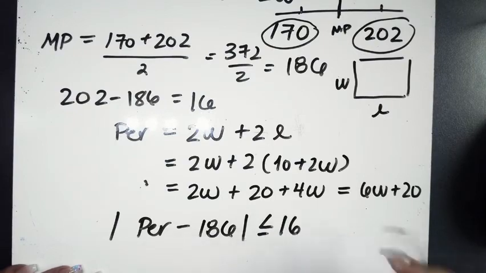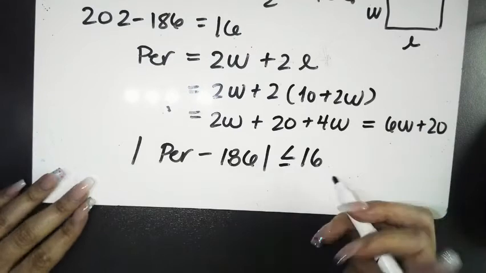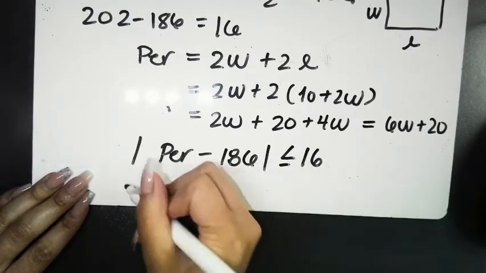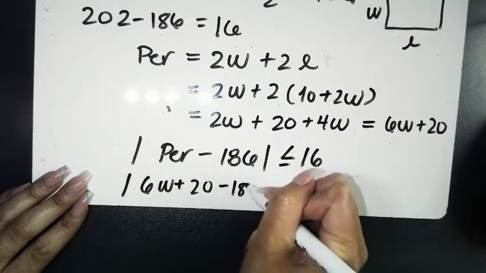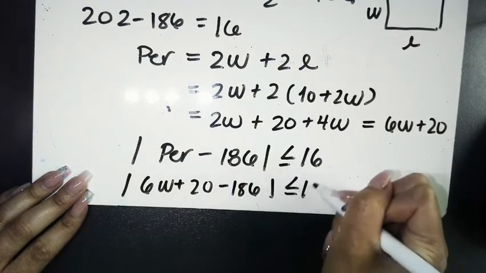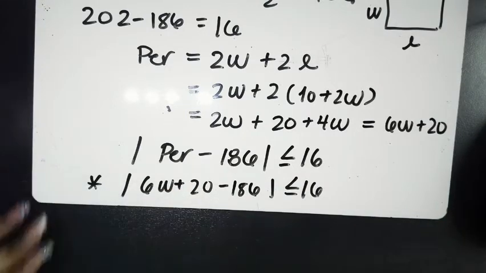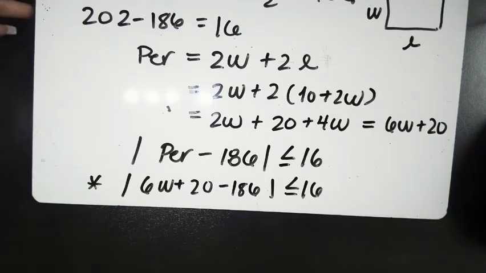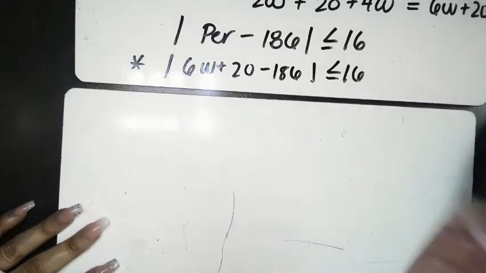You know an equation for the perimeter, so you plug in 6W plus 20 as the perimeter minus 186, and this is the first part of the problem. For that one, you would have 6 points.